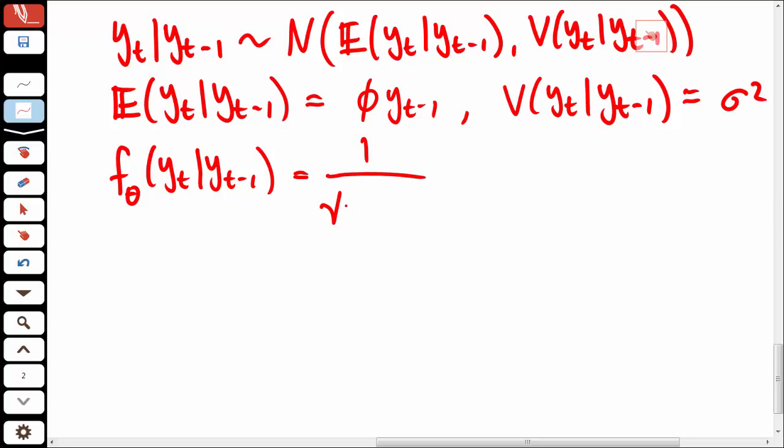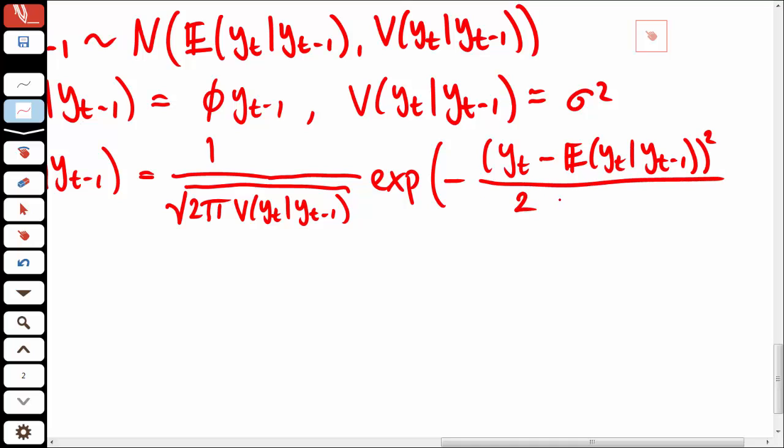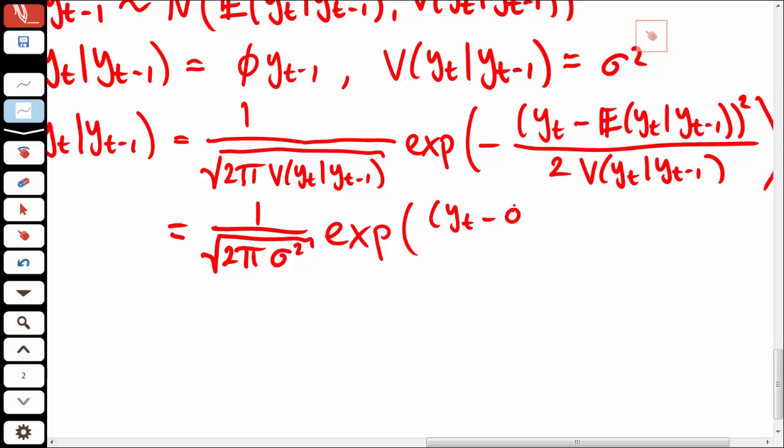Particularly we have 1 over the square root of 2 times pi times the conditional variance, times the exponential function of minus y_t minus the conditional mean squared, divided by 2 times the conditional variance, which we know is equal to 1 over the square root of 2 pi sigma squared times the exponential function of minus y_t minus phi times y_{t-1} squared, over 2 sigma squared.